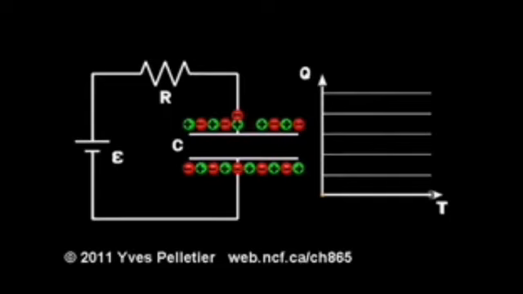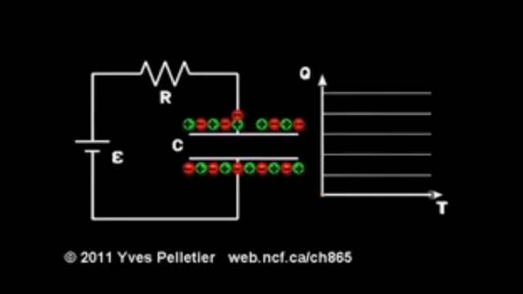Before the capacitor starts charging, if you count the number of charges on each plate, you can notice the same number of positive and negative charges.